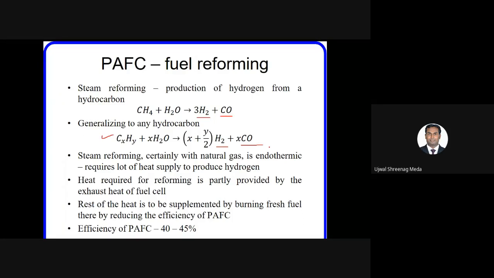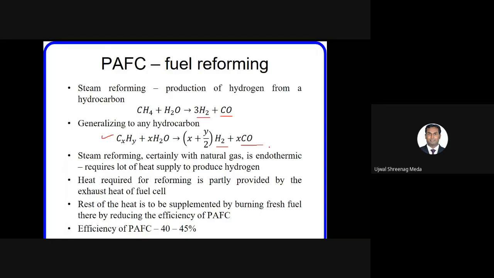So this is the reason why the fuel processing can be clubbed with a fuel cell which operates at a temperature greater than 100 degrees centigrade. Because of that high operation temperature, a lot of heat is generated. That heat can be utilized here for the steam reforming process.